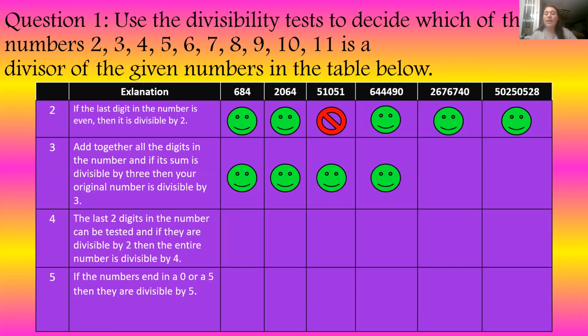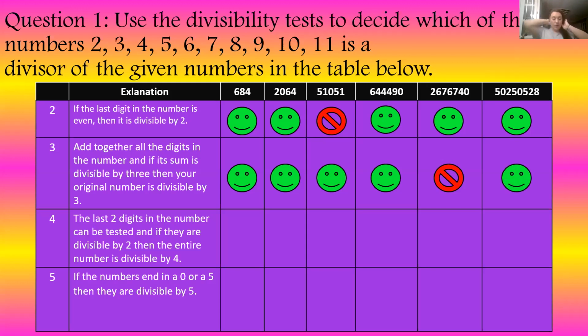And then when you add up the rest of the numbers, 2,676,740 is not divisible by 3 when you add up its digits and divide by 3. And then with our 50,250,528, when you add up its digits and divide by 3, it is divisible by 3.